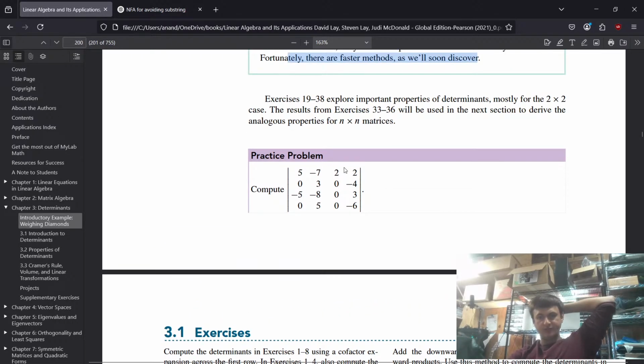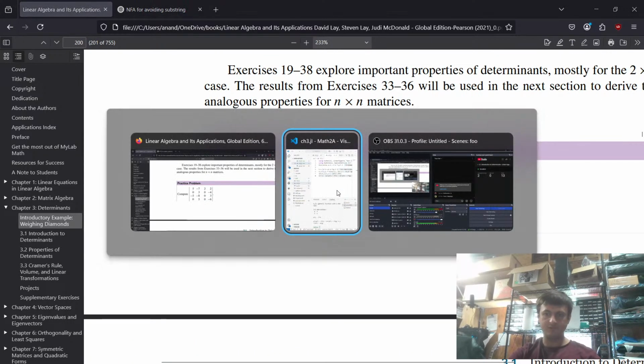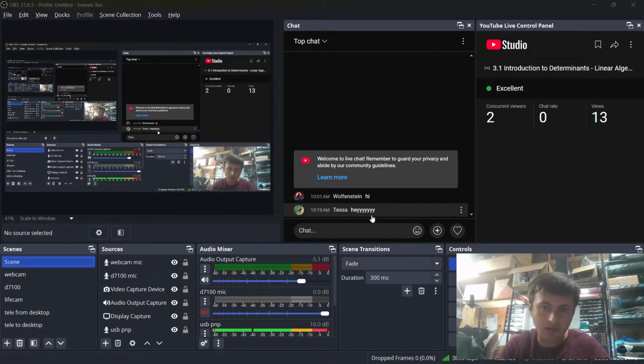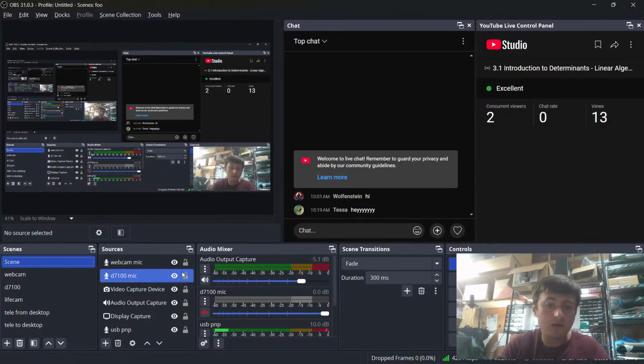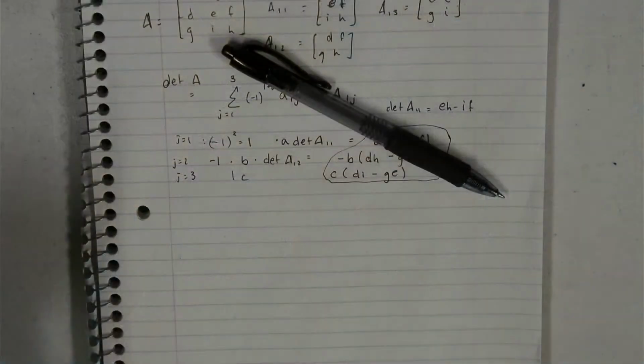All right, should we do this? So what we should do is pick this row to cofactor expand, right? So I'll write this one out. Okay, here we go.